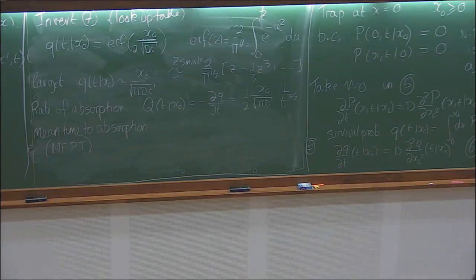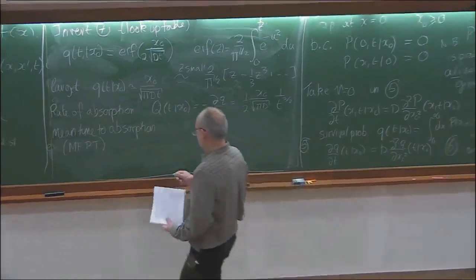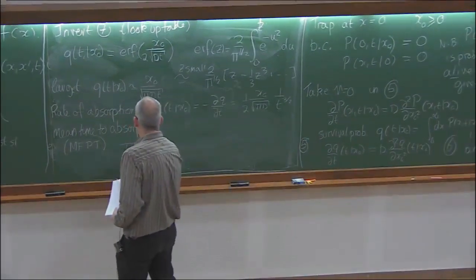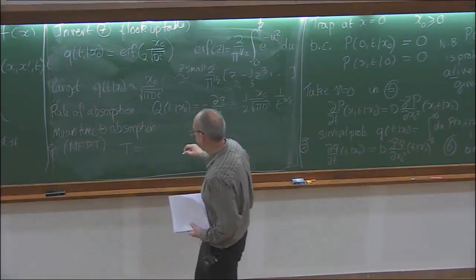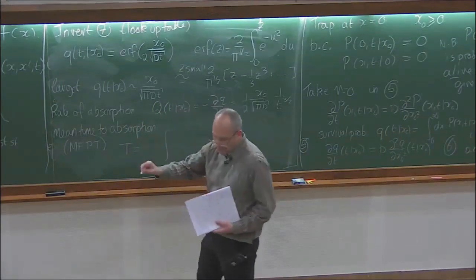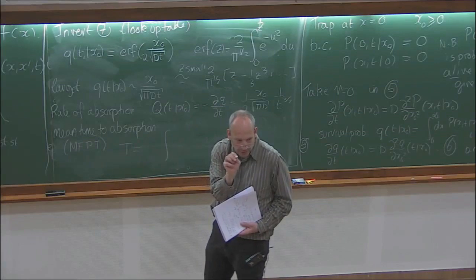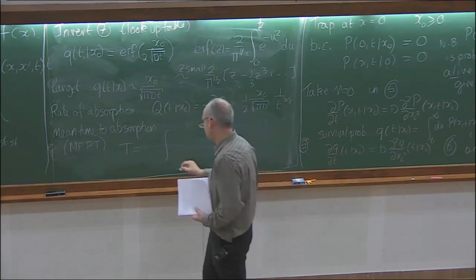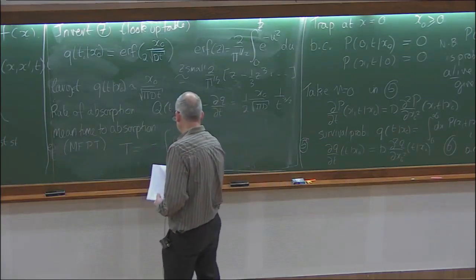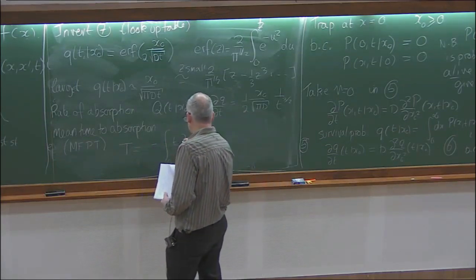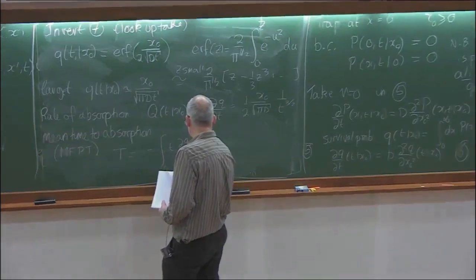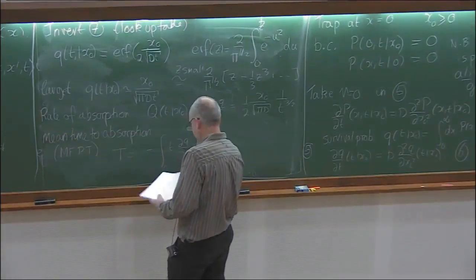So I would get that, let's call it t, by integrating the rate at which it's absorbed, so that's basically the probability that it's absorbed in time t to t plus dt, times t. So I end up with minus t dQ by dt, integral with respect to t from 0 to infinity.